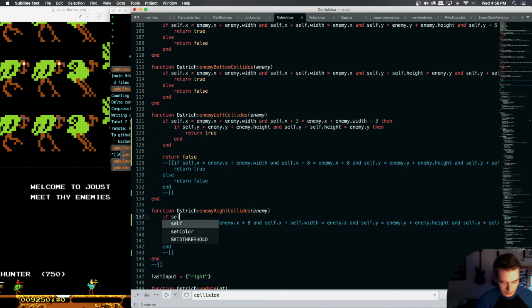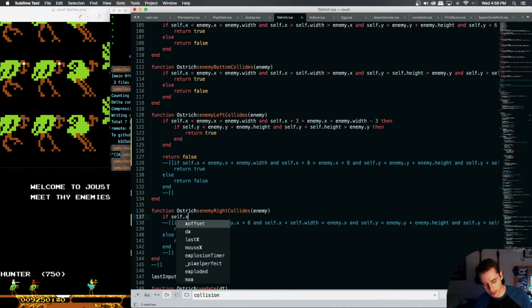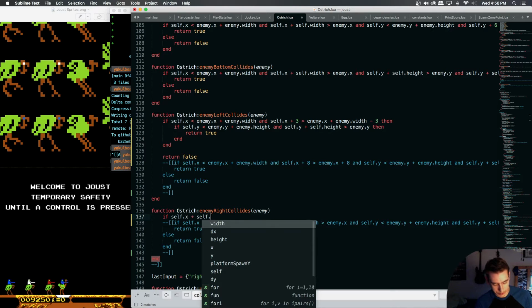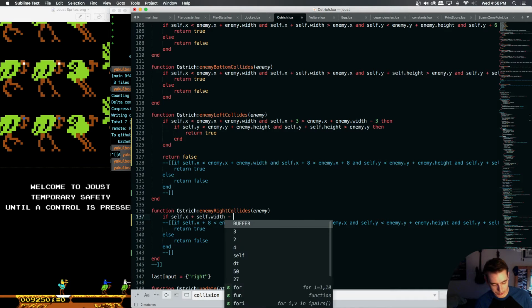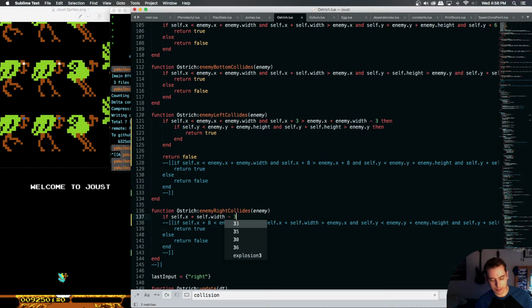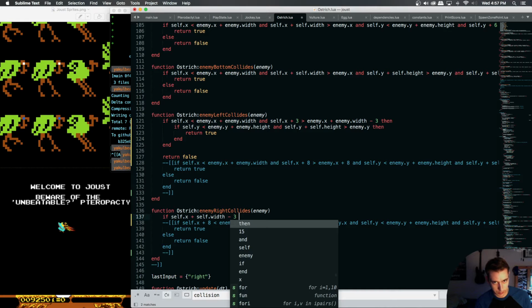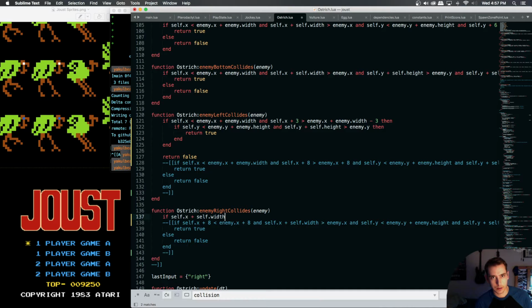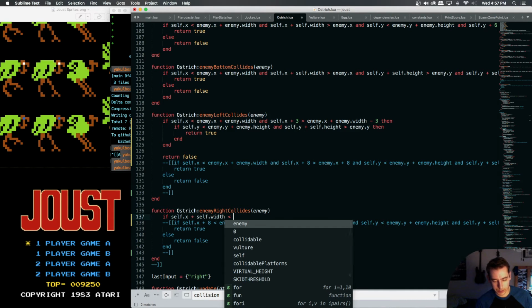We need to see if the left side of our ostrich, so our self.x plus our self.width minus our 3 pixels, that's the left side of our bounding box. Actually, let's do the right side first to stay consistent with what we do up above.